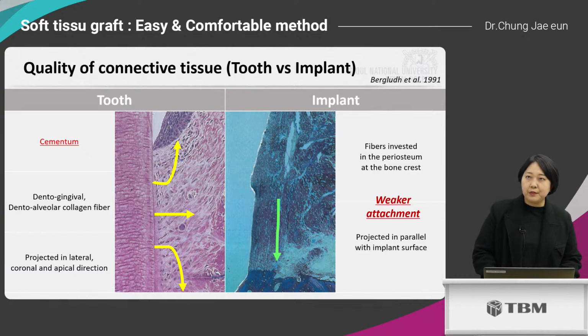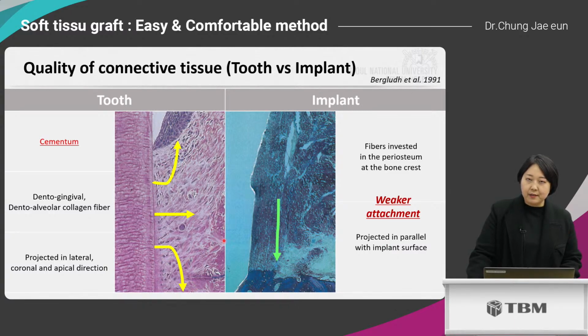As everyone knows, the biggest difference between the tooth and implant is the running direction of the collagen fibers that make up the attachment. There are collagen fibers that are vertically embedded in the cementum in natural tooth. And there are also dentogingival and dentoalveolar fibers.